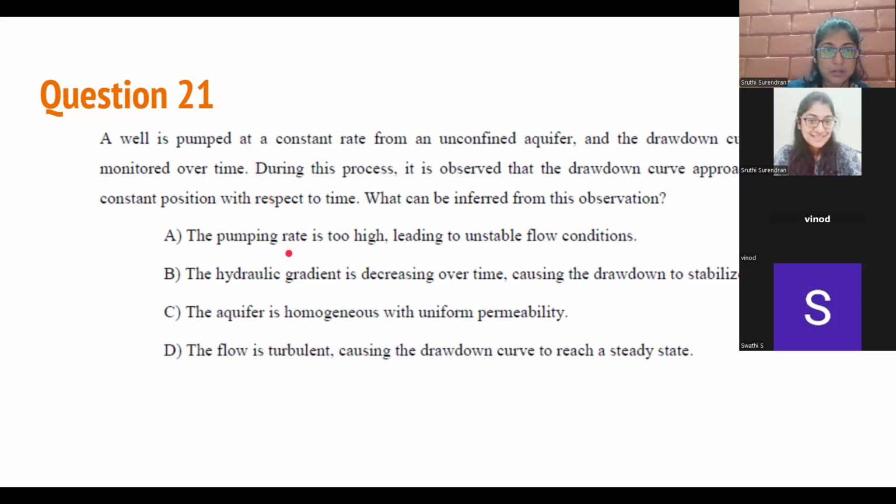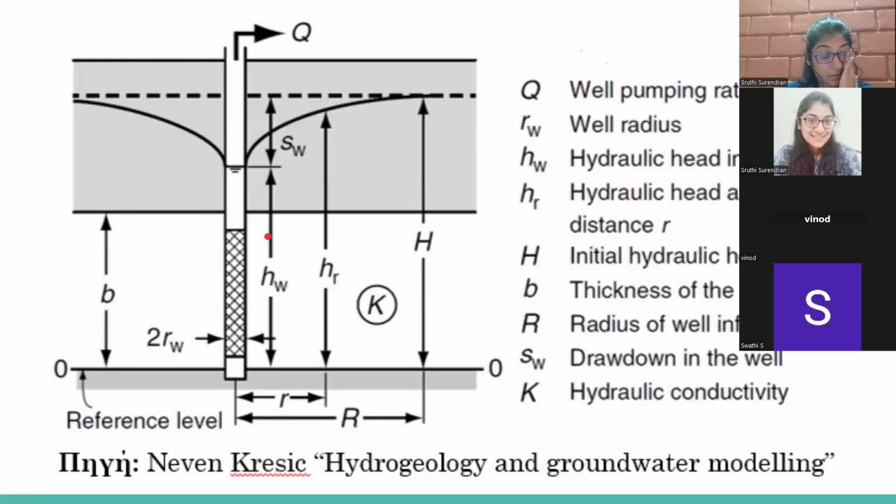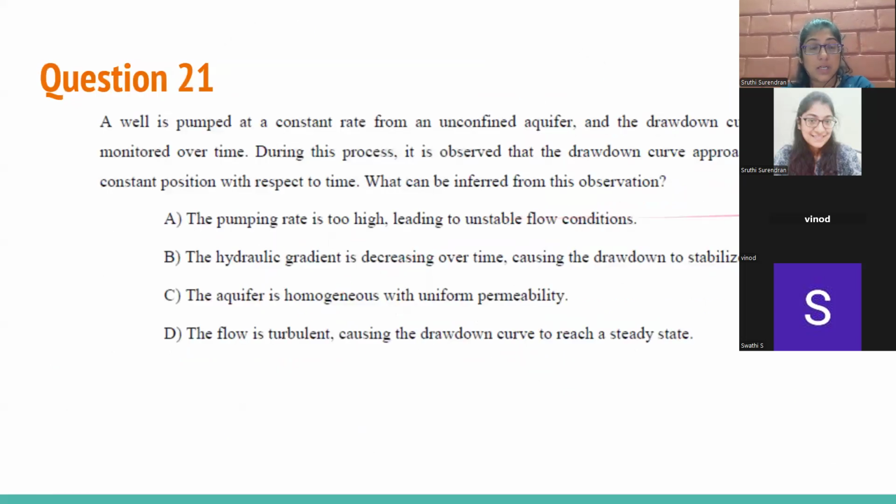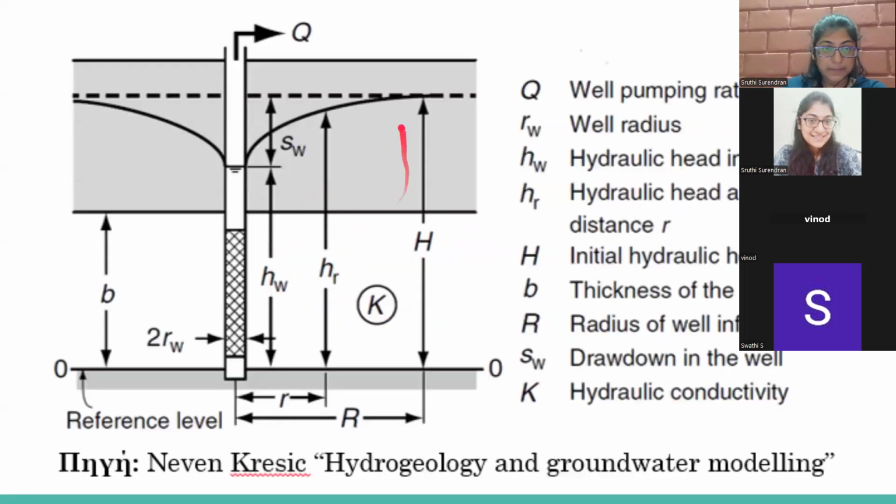Okay. So let's move on to the answer. Again, let's just get a clear idea about the various terminologies that are used if we need to understand this question in a more comprehensive manner. We talked about what this drawdown curve is.